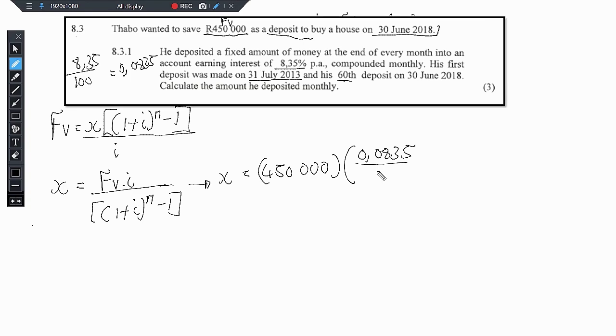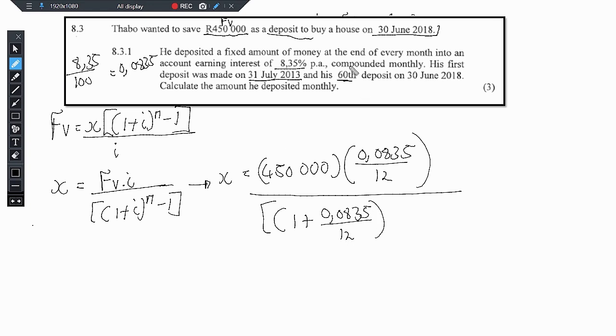So 0.0835 over 12, and then all over bracket 1 plus 0.0835 over 12. And then how many deposits were made? We are told 60. So we want to have our 60 there, then minus 1.